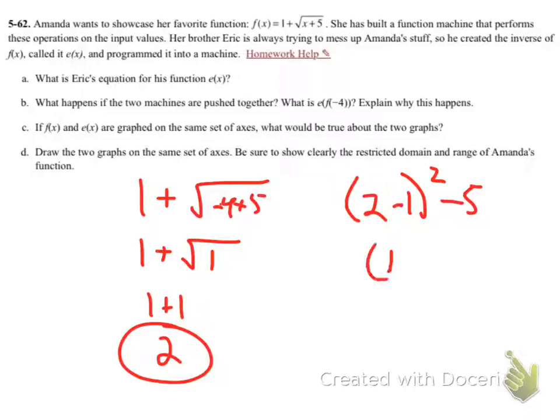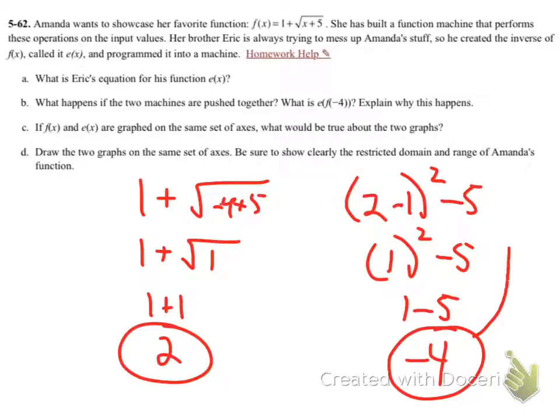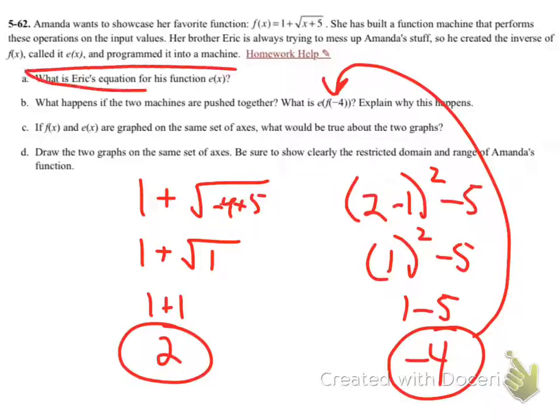So I get 1 squared minus 5, which is 1 minus 5, and we get -4, which was the original. And that should happen because, again, we designed that function to undo the original function.